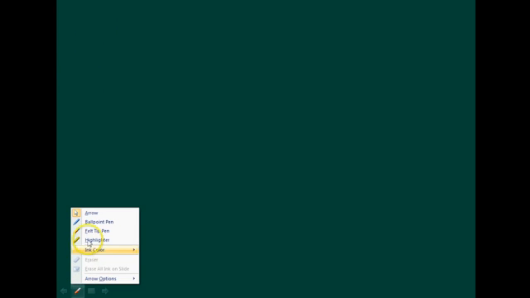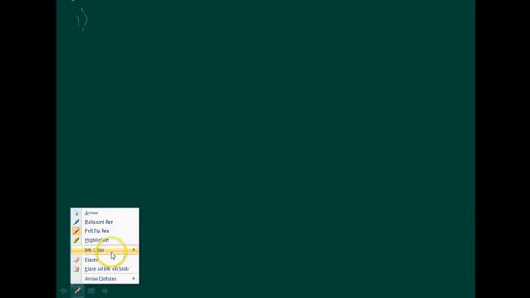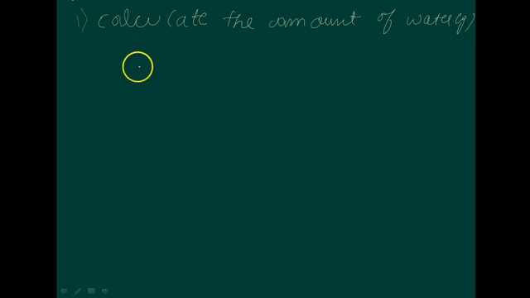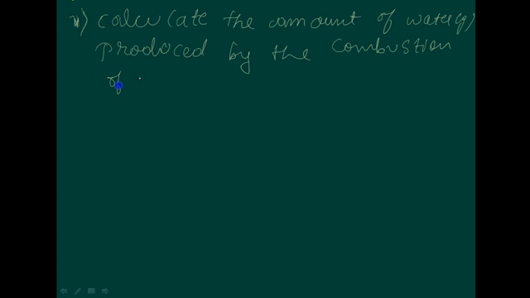Next, consider the problem. Here, calculate the amount of water produced by the combustion of 16 gram of methane.